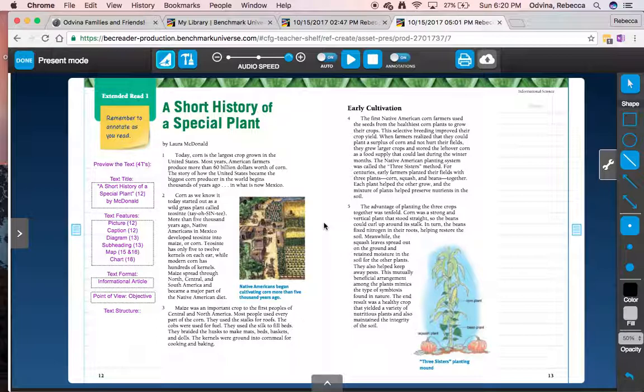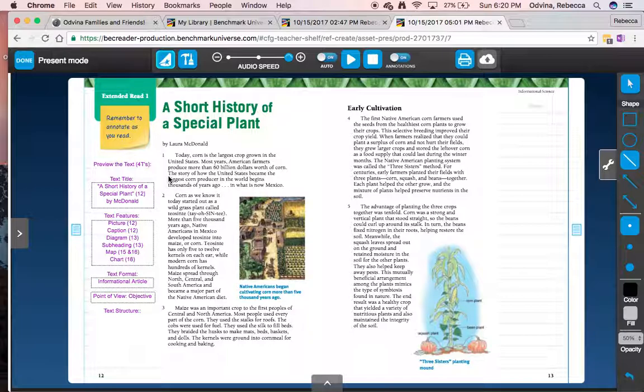So, looking at the first paragraph, the 3rd sentence reads, the story of how the United States became the biggest corn producer in the world begins thousands of years ago.